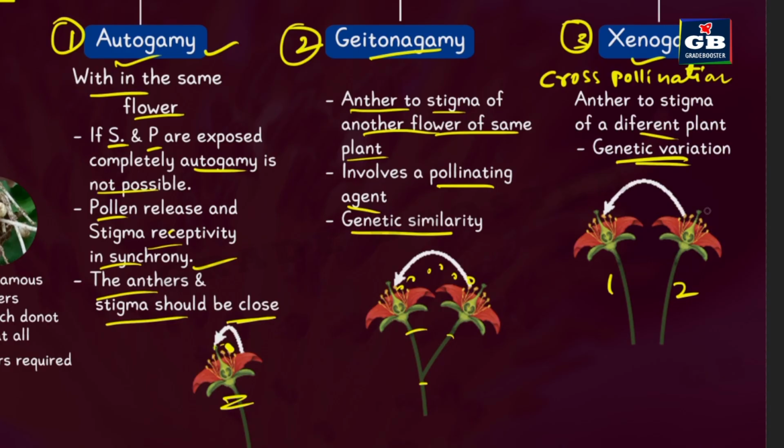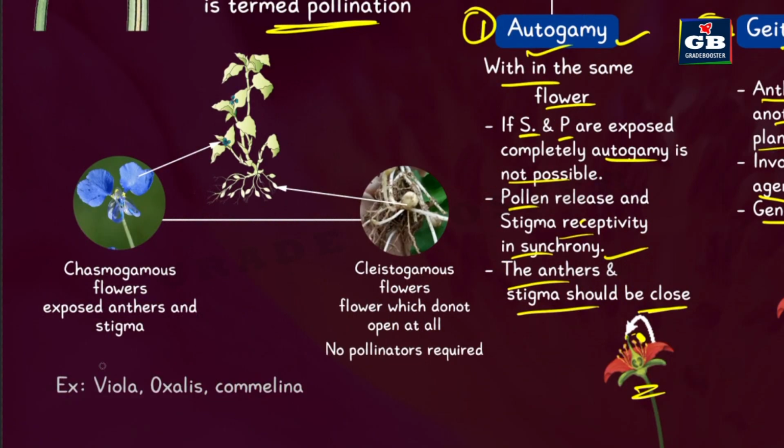In some plants there will be two different kinds of flowers. Let's see. In some plants like viola, oxalis and commelina, the plants bear two different types of flowers. So here is the example of commelina. This is the commelina plant.